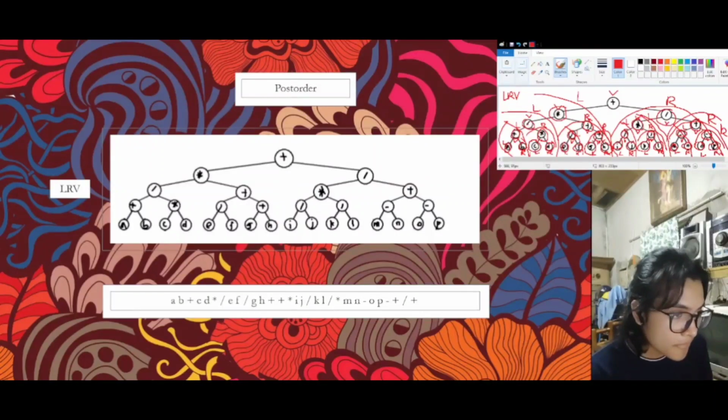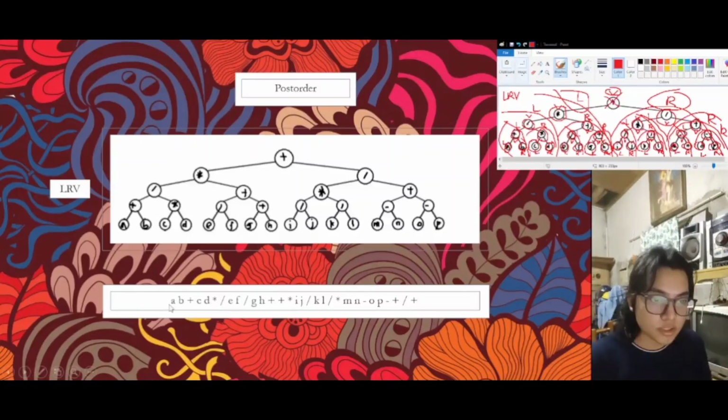So we're now going to have division, and after this we can now have this part because the left subtree and the right subtree are now done. We're now going to add this one as our last notation or expression. So this is going to be plus, and that's why we get this expression here.